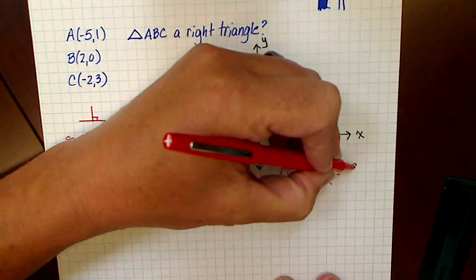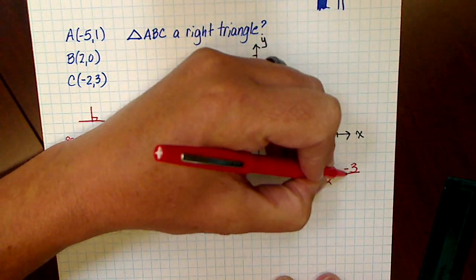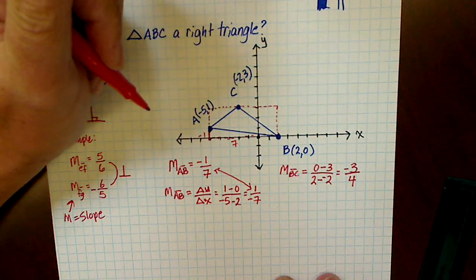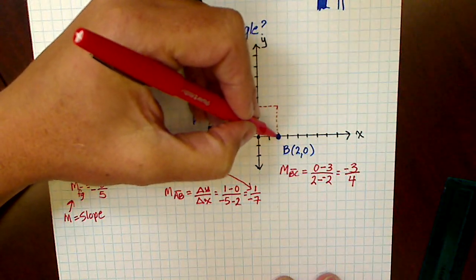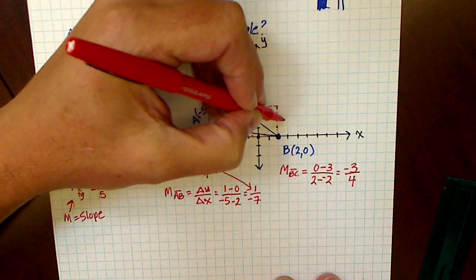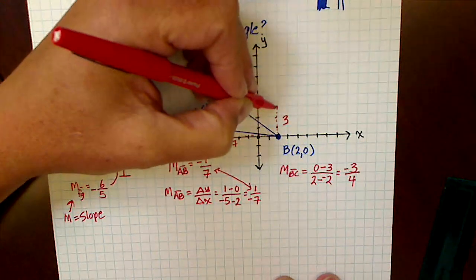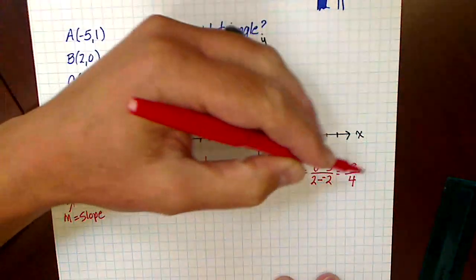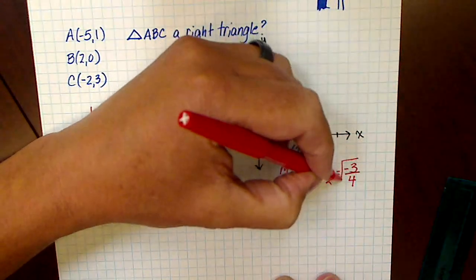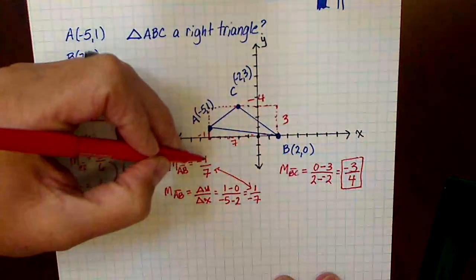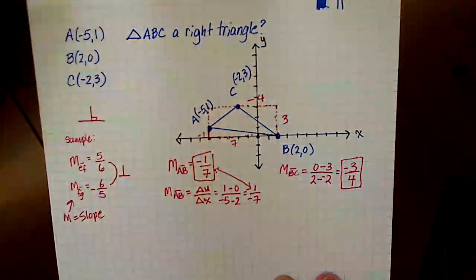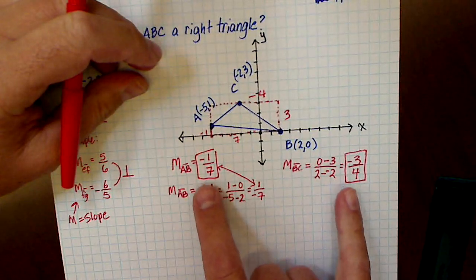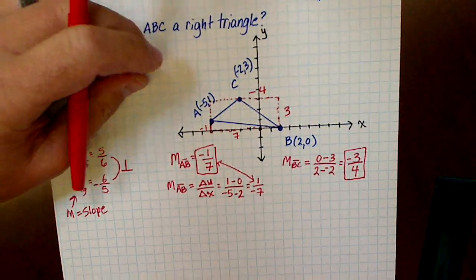So this is -3, 0 minus 3, over +4. Or I could count. What is the rise? 1, 2, 3. And then backwards, 1, 2, 3, 4, -4. So if I compare those two slopes, -3/4 and -1/7, those are not negative reciprocals of each other.